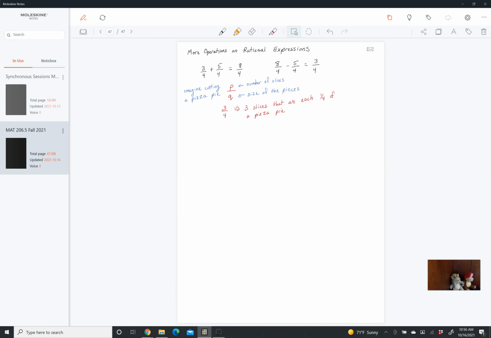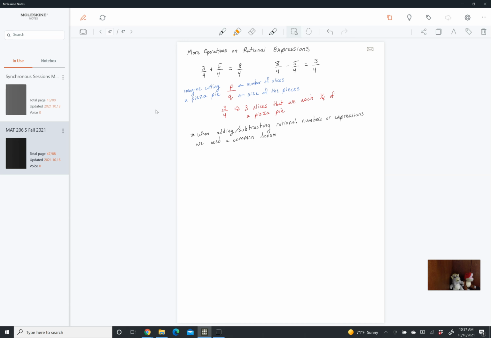Okay, so let's write that down. When adding or subtracting, so interchangeable, rational numbers or expressions, we need a common denominator.